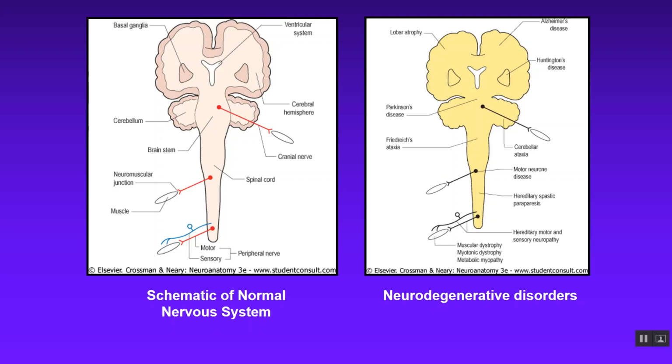On the side here, you'll see a little schematic of the nervous system. It has the brain, brainstem, and spinal cord on it. And if you learn what these mean, it's really nice.